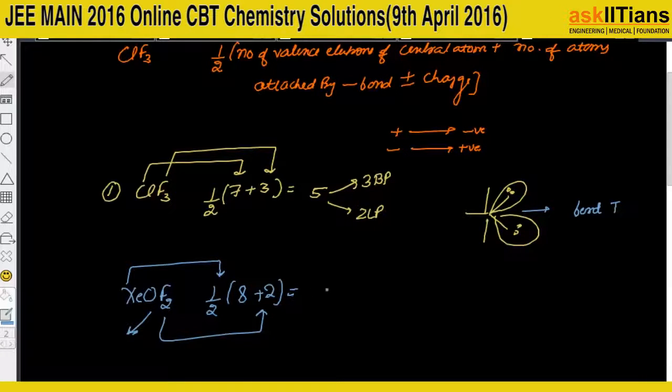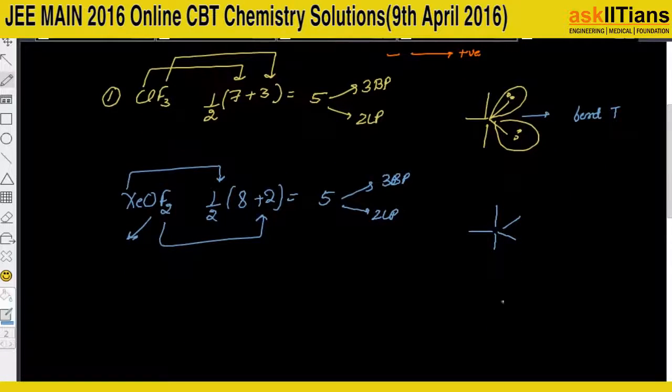So we can say here it again comes out to be 5, out of which 3 will be bond pairs and 2 will be lone pairs. Again, let me first of all draw trigonal bipyramidal. Now, let's say oxygen is kept here, fluorine will be kept at S-less position and 2 lone pairs will be kept here. So again it comes out to be bent T.